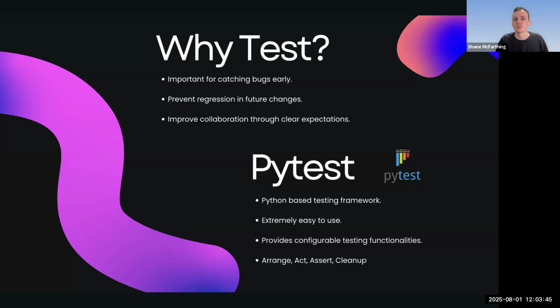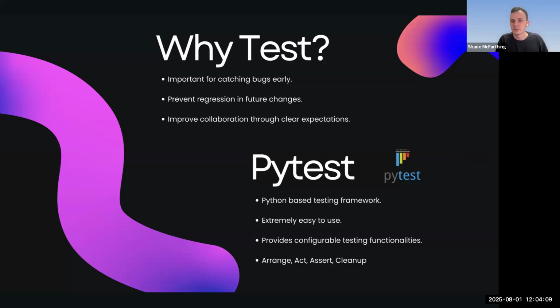It doesn't get propagated throughout the code and then rear its head later on and be a bit of an ugly surprise. So it can also help you to collaborate with other people, because then if you're working on the same code, there's very clear expectations about what needs to happen, how the code needs to work, what the behavior is. So it's just a very good practice to implement some tests for your code.